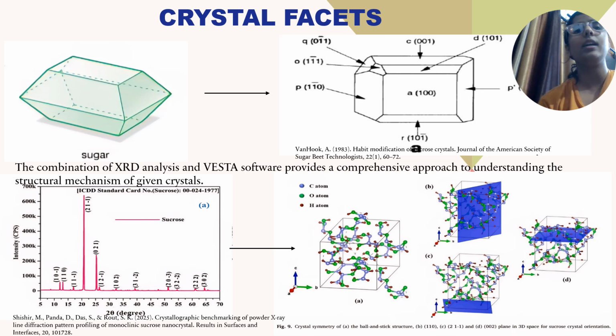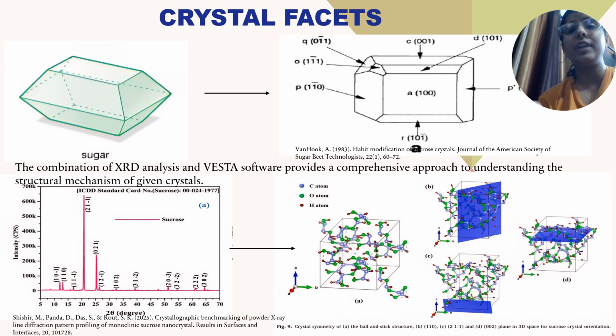These are the intense peaks of all the peaks that are available. The reflection of the XRD lines from these peaks represents that the growth of the molecules of the crystal is majorly in the direction along these planes.